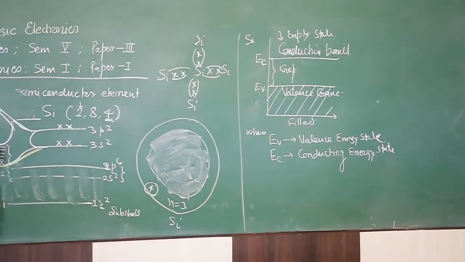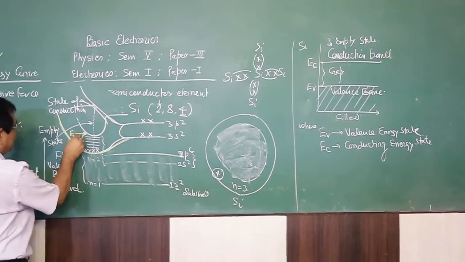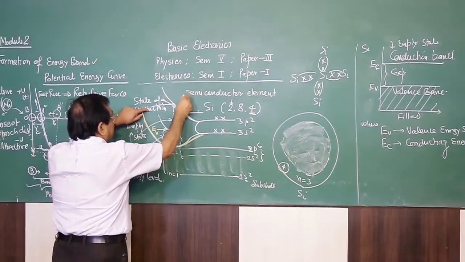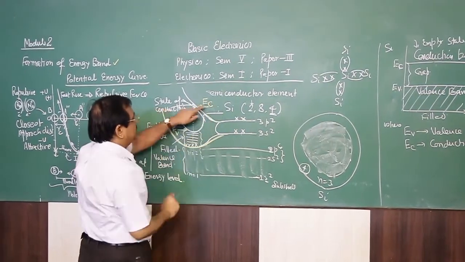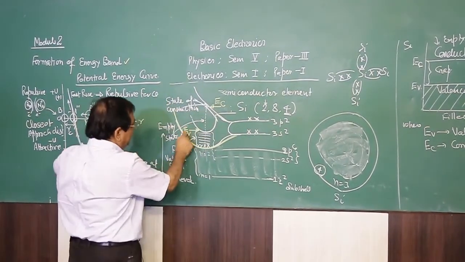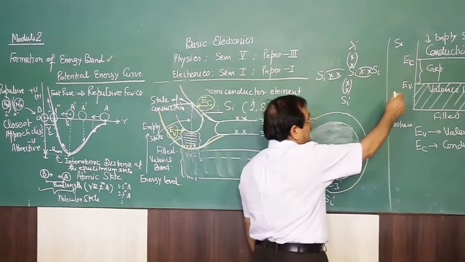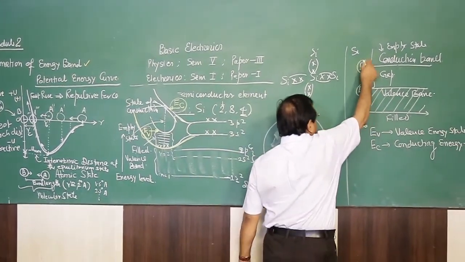This energy EV is the valence energy state, and this is the conducting energy state. So, this EV and EC correspond to the valence and conduction bands.